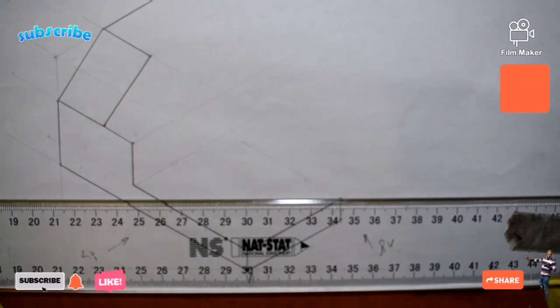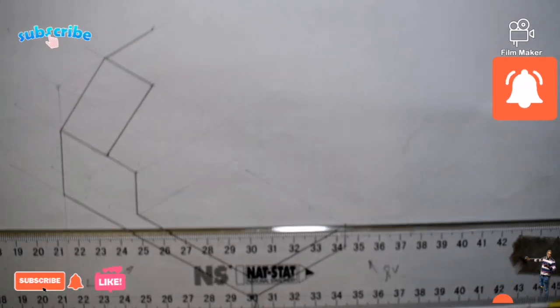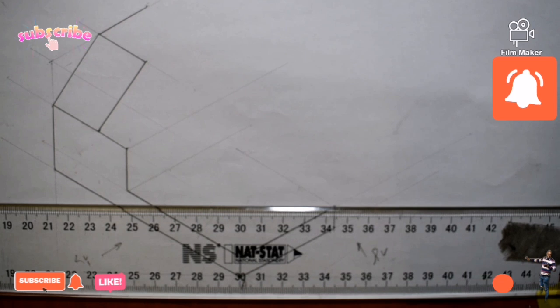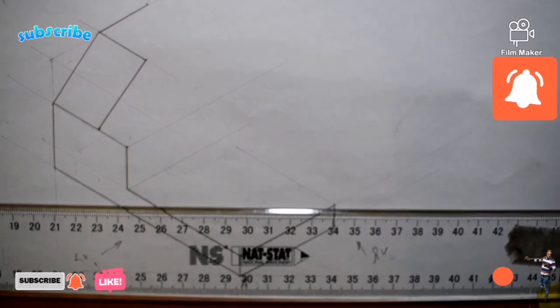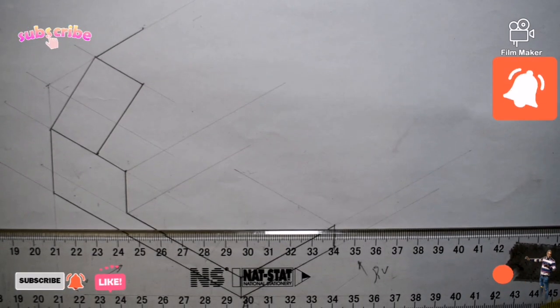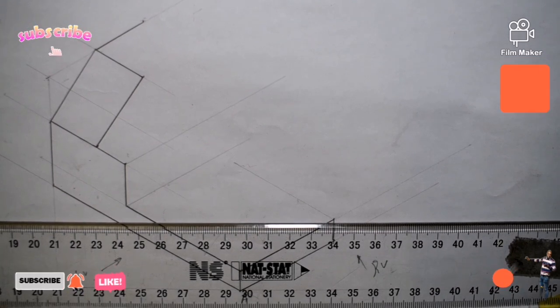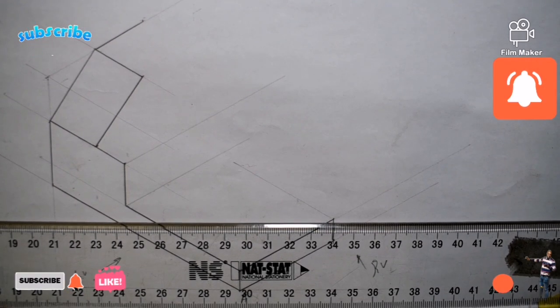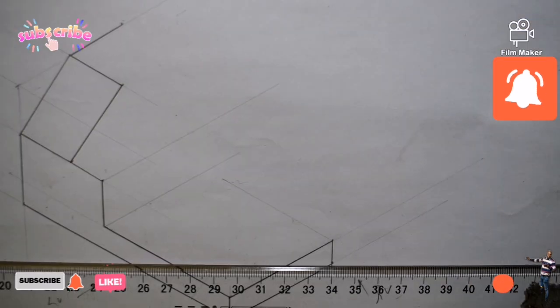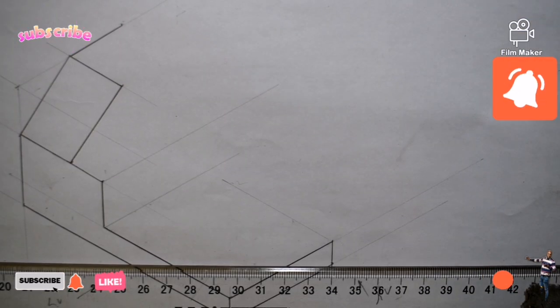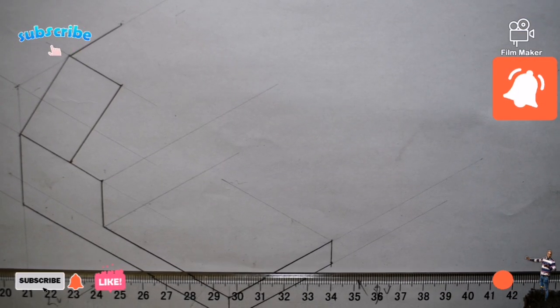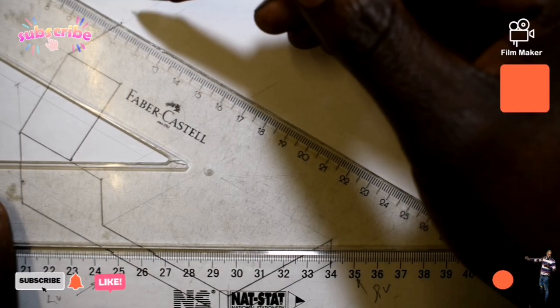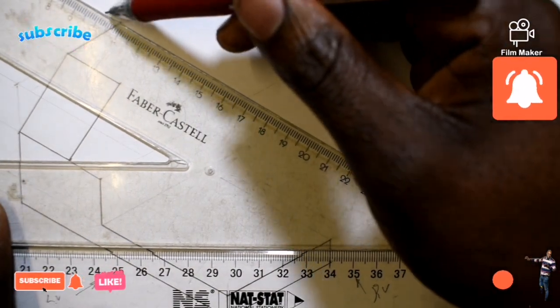You understand? So if I'm at this extent, I will have to simply take this point at an angle of 30 degrees. Where is my square? Right, guys, as I was saying, I am going to project this point. Don't mind my set squares.